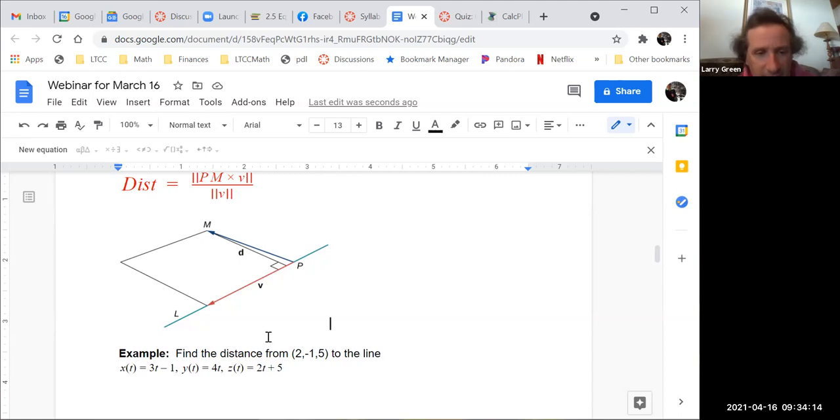Go find the distance from the point (2, -1, 5) to the line.